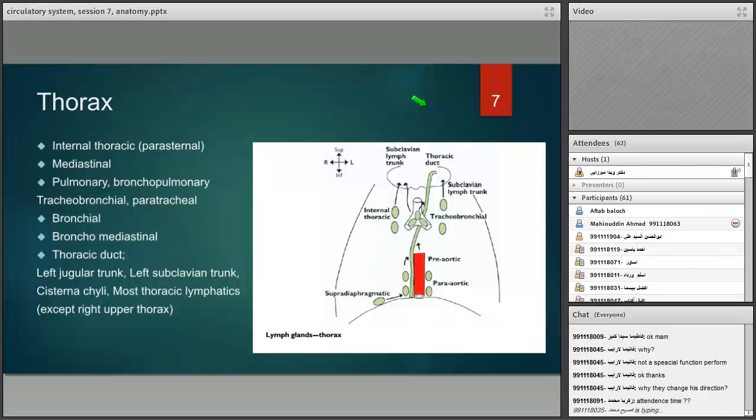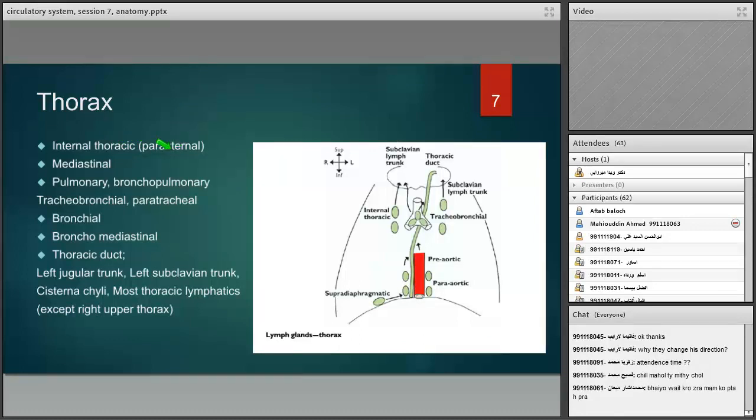Besides the thoracic duct, in the thoracic cavity we have some lymphatic drainages. One of them is beside the internal thoracic arteries. Okay? One of the groups in the thoracic cavity is called the parasternal group.